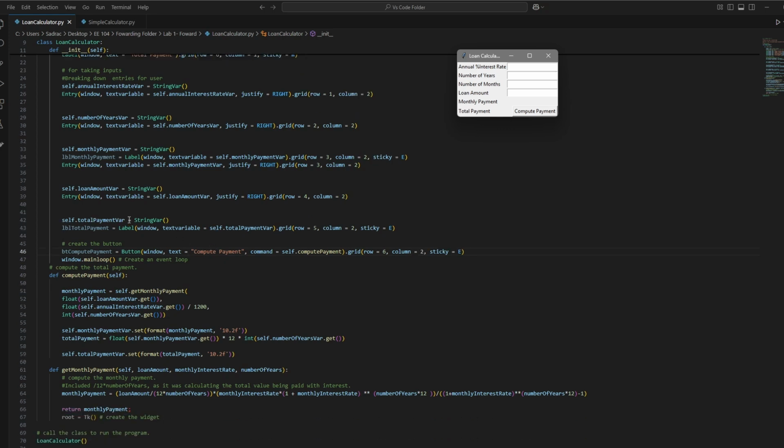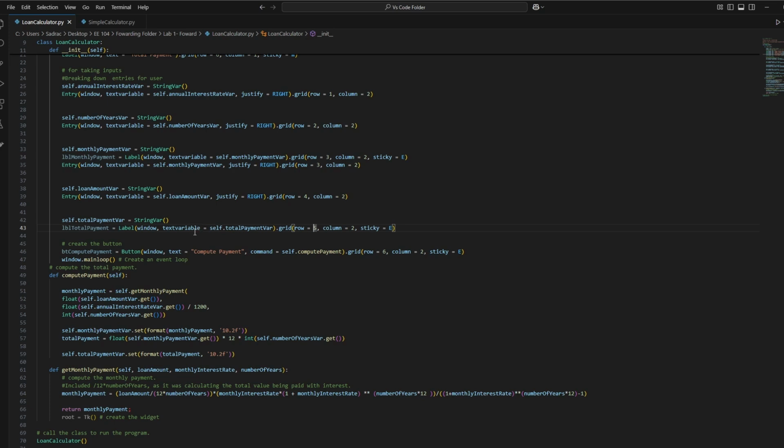And then for here, we would be having our label position. Because after we make our calculation, we want to position our monthly payment at this position, the second column, row 5. We want it to be here where there's a blank space. So we would be gridding it out at row 5, column 2, and of course we want it to stick to the east side. So we have the E here.